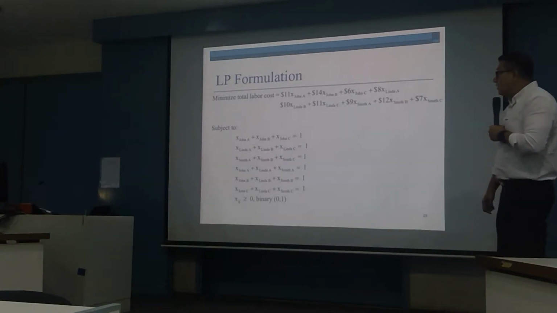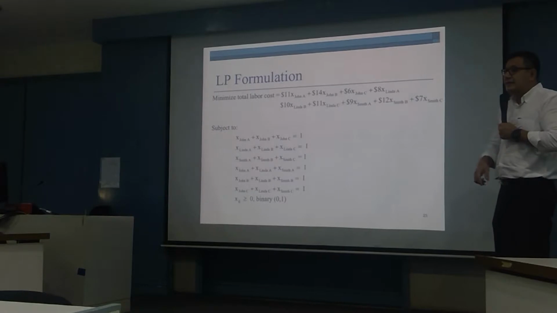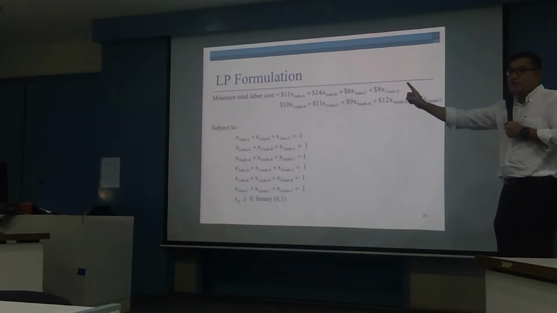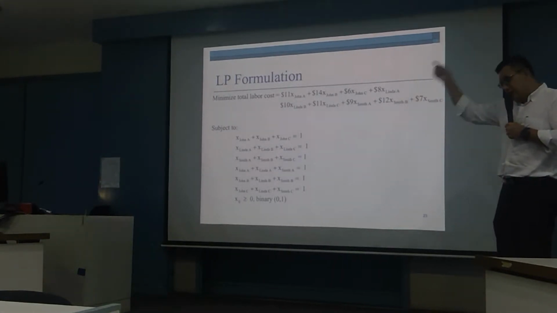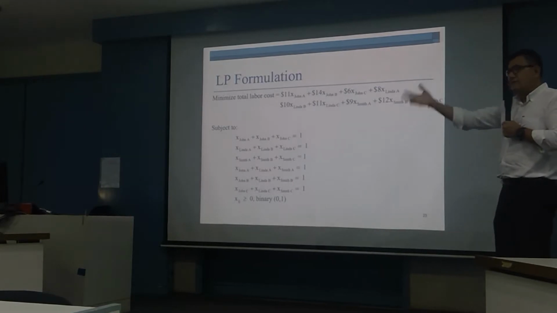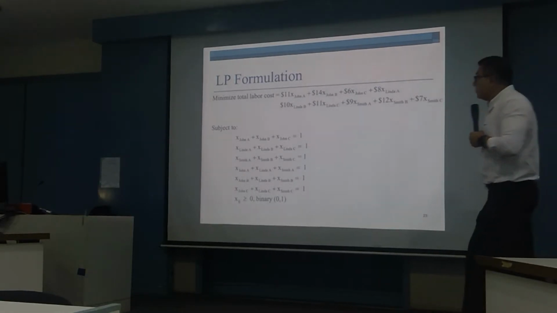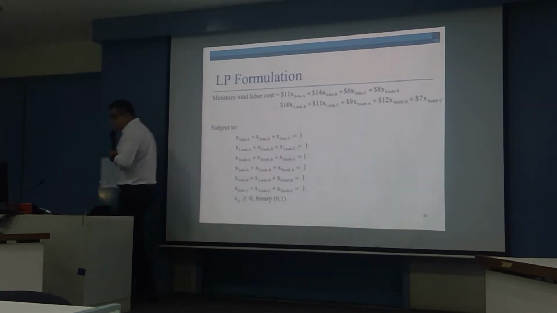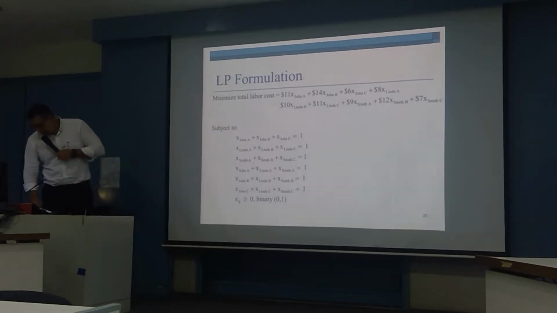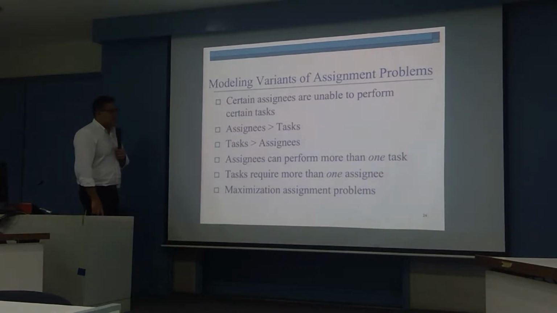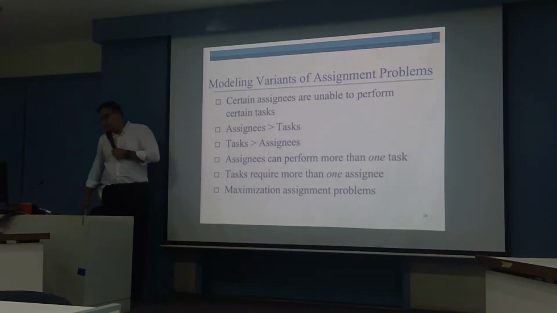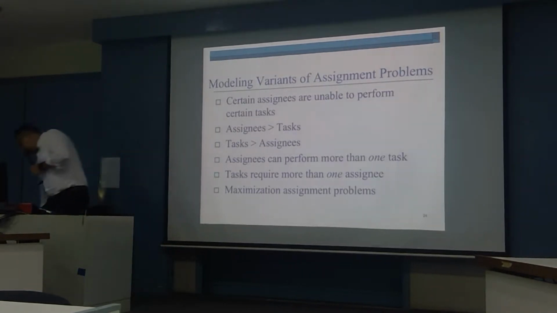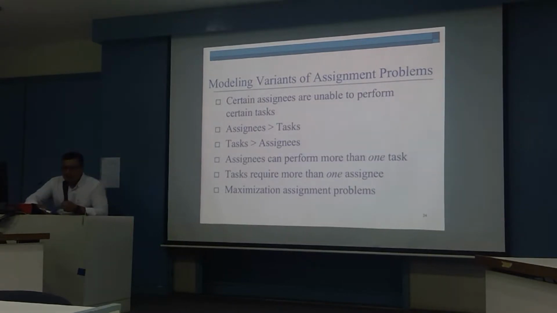So we require that each assignee can do just 1 job, and each job can be performed by only 1 person. This is the linear programming if you would like to solve it. But as usual, that is a small problem, and there is something more, such as special cases.